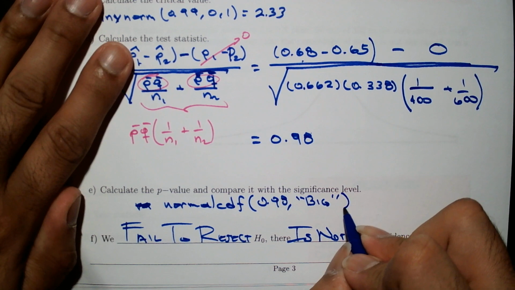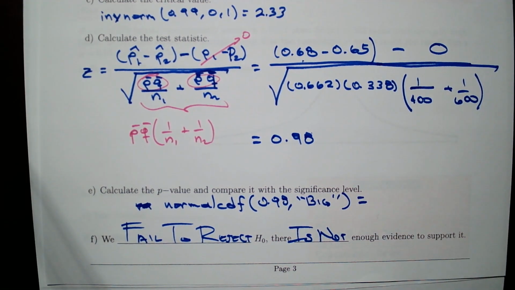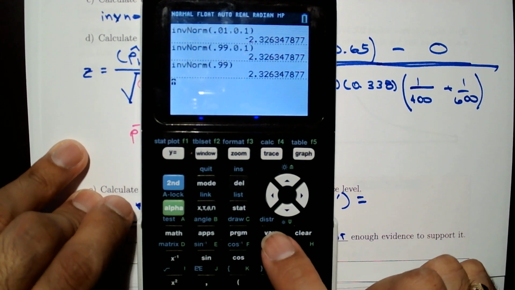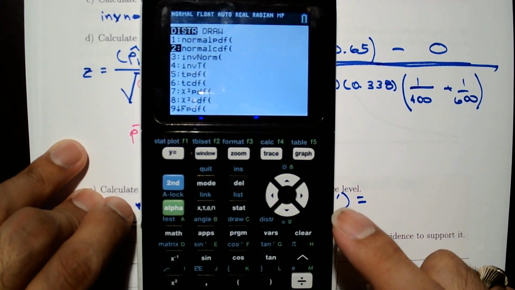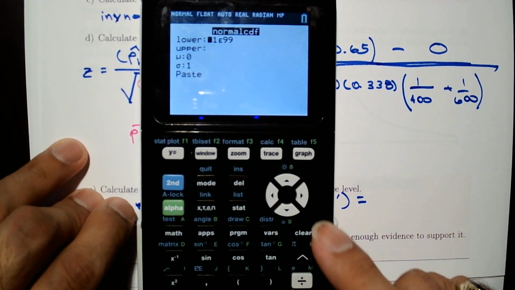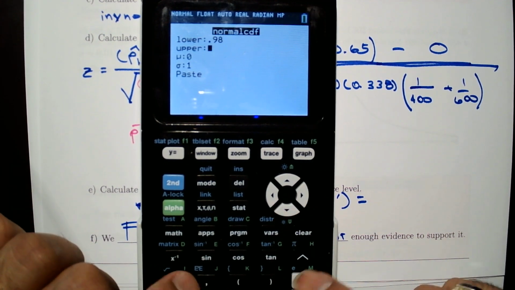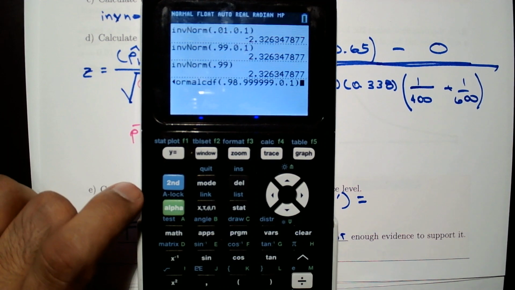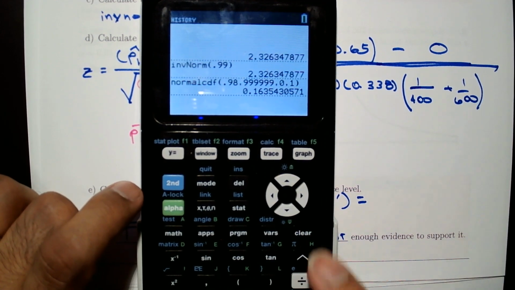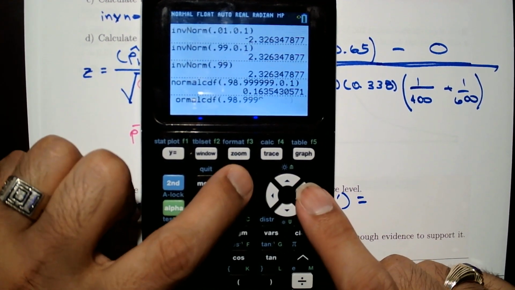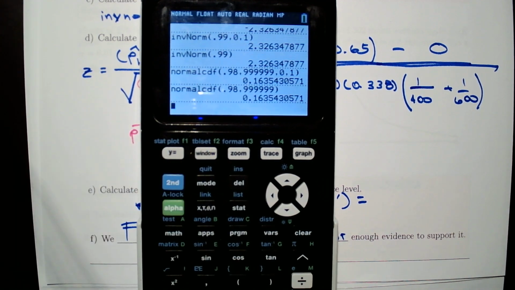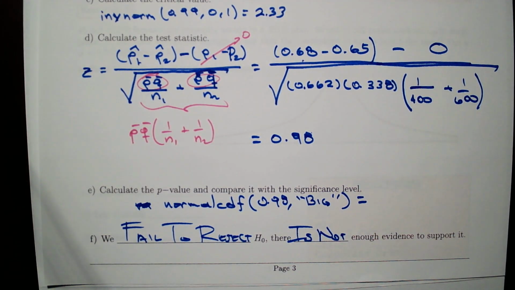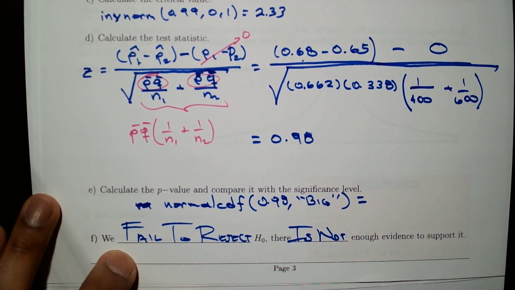Second distribution, normal CDF, from 0.98 to something big, and 0, 1. You can ignore or delete the 0 and the 1; we get the same thing.